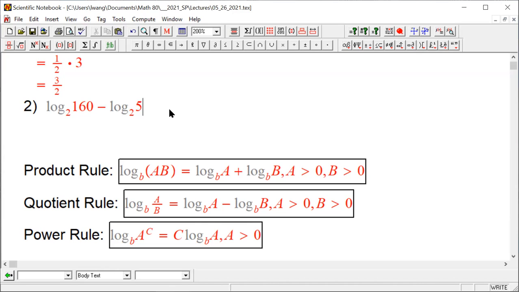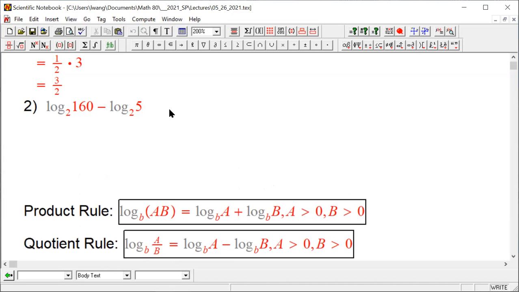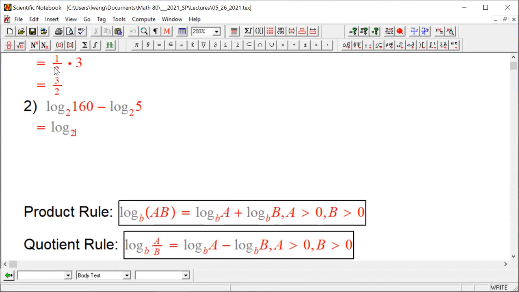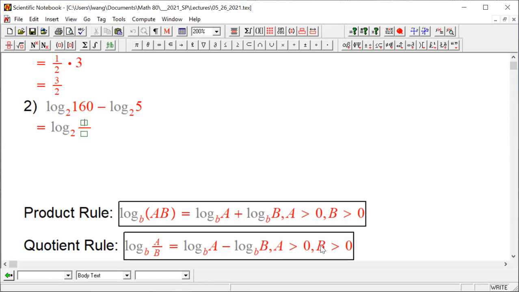Okay, so I'm going to show you one way to do it, which is using quotient rule. And of course, I'm going to show you another way. Log base 2, and then quotient rule says if you have subtraction of the same base, you just simply take 160 divided by 5.